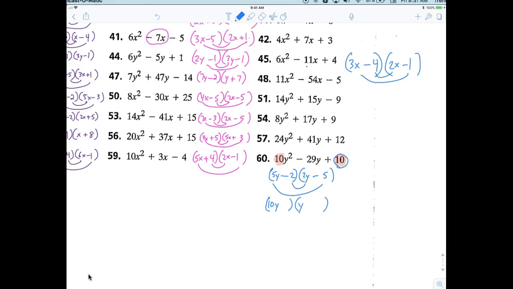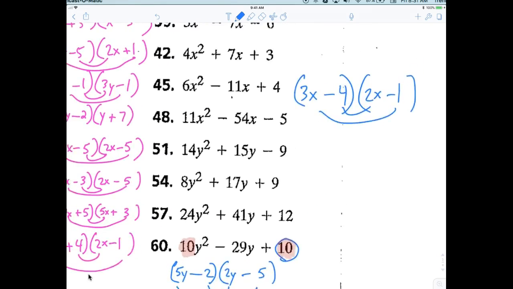Right. I'm confused on why you can't just do 6, 6, and x. Okay, because very good question. So here we go.